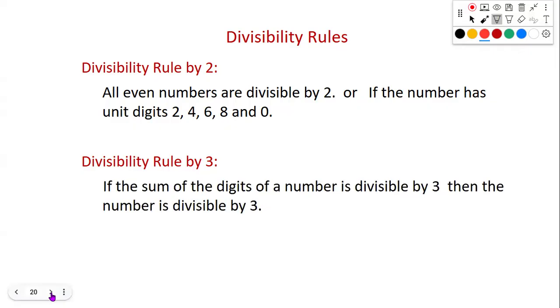If the sum of the digits of a number is divisible by 3, then the number is divisible by 3. Basically, you are taking care of the sum. So I will mail you the PDF. You can go through them. Sum of the digits: 8 plus 9 plus 7, 24. So it is divisible by 3.